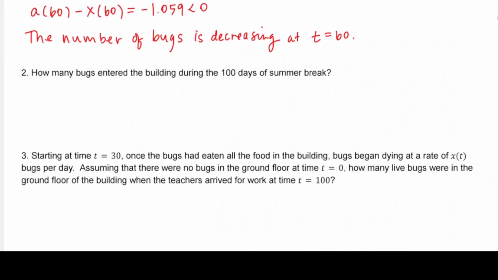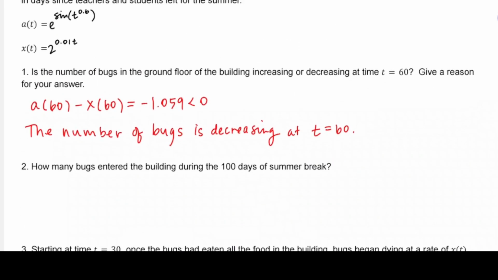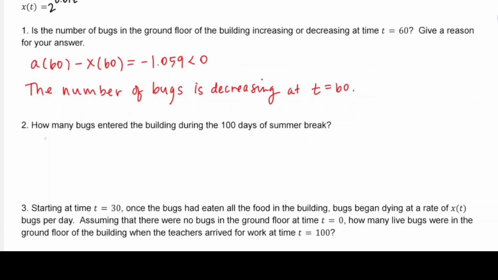Okay, how many bugs entered the building during the 100 days of summer break? Well, that would be the total amount of bugs in the building that entered, total in. So I'm going to integrate a of t. So I'm going to integrate from 0 to 100 a of t dt. And that's definitely a job for the calculator.